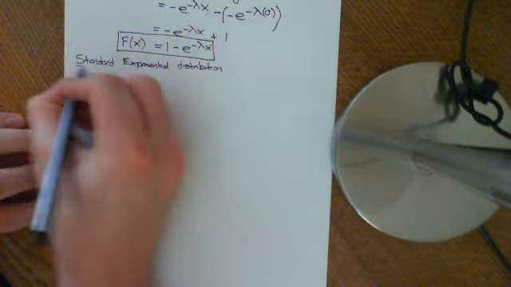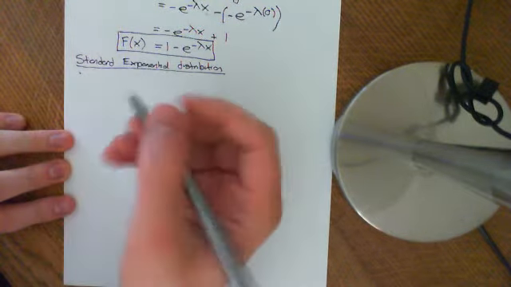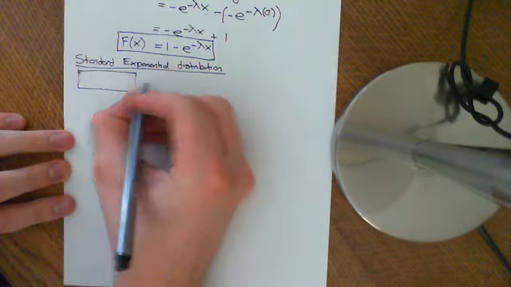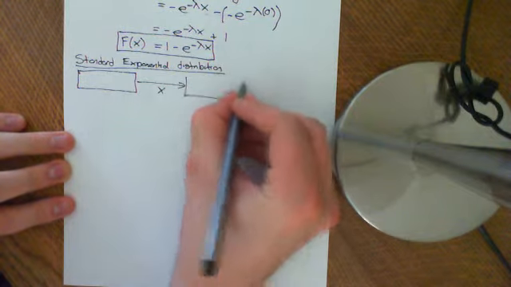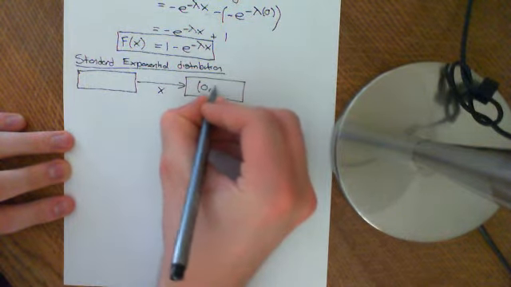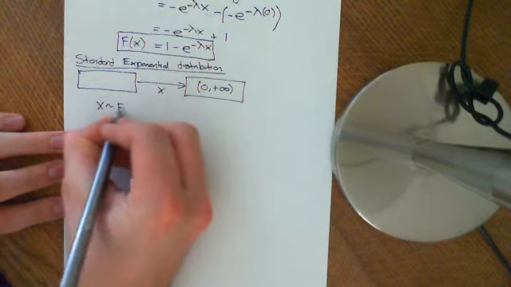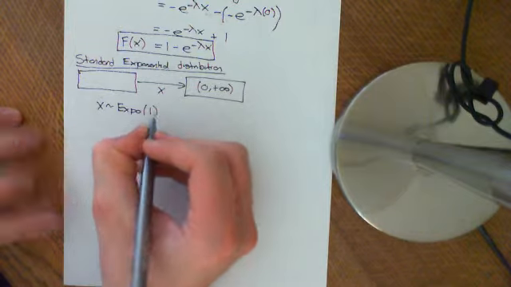Okay, so this is the exponential distribution. If you have some random variable, again you have your abstract probability space being mapped onto your positive real numbers, so your interval 0 to plus infinity. And if x is distributed standard exponentially, then it means that it's exponential with parameter 1.